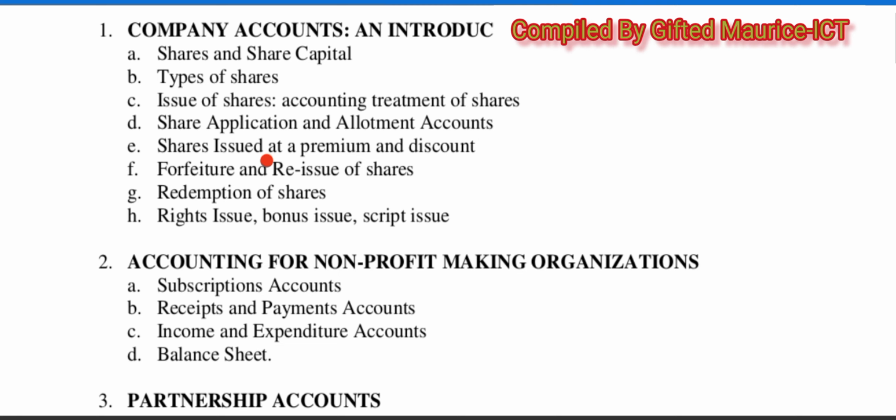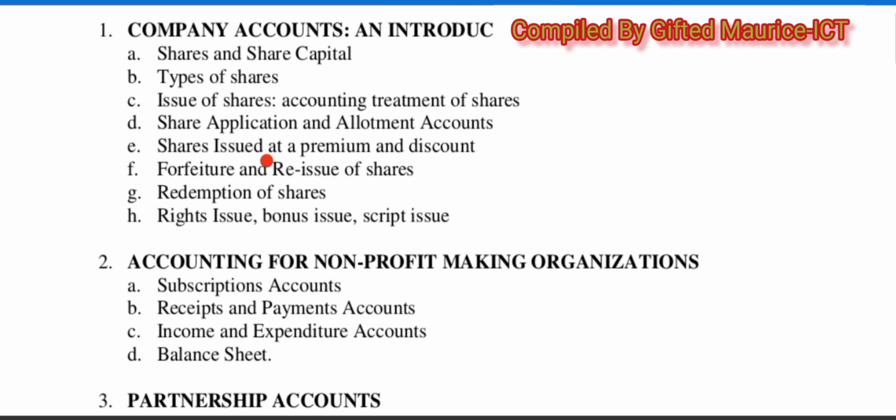So then it means those shares have been issued not at the face value, or what we call the nominal value, which is 100 shillings. They will have been issued at what we call a premium. The 20 shillings over and above the 100 shillings face value is what we call a premium.